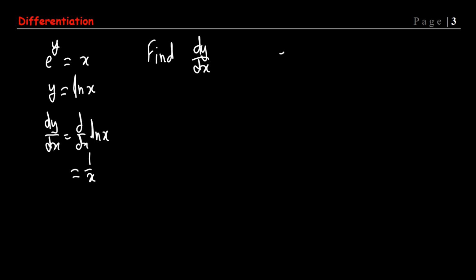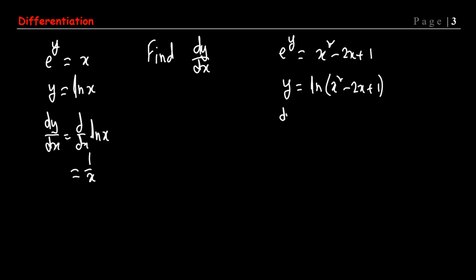Say another expression is written: e to the power y equals x squared minus 2x plus 1. How do we do that? Same way, we write the expression as y equals ln of x squared minus 2x plus 1. Now just differentiate it. dy by dx, according to the rule of ln, is 1 by x squared minus 2x plus 1 written first, then inside the bracket, if we differentiate, we get 2x minus 2.